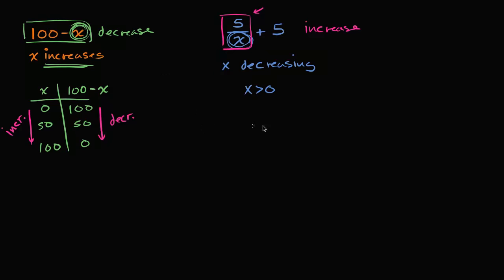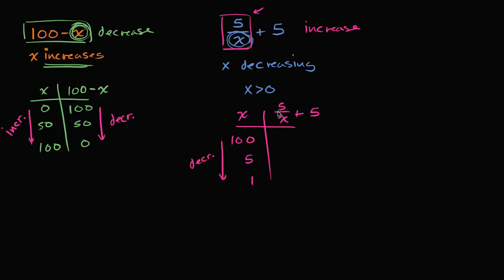And once again, we can make a little table to take a look at that. So if this is x, and this is 5 over x plus 5. Let's see, I'll just try out going from x is 100 to x is 5 to x is 1. So this is clearly x decreasing.